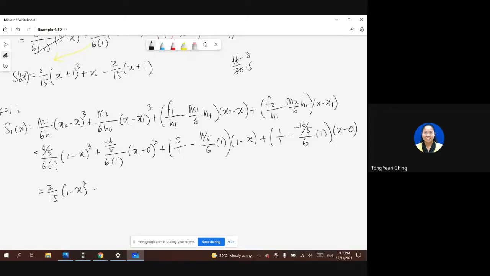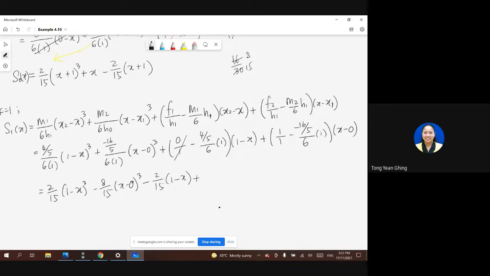Negative 8 over 15. So the front one is gone. So what is left is negative, because here is already gone. So this is negative 2 over 15, 1 minus X, plus.